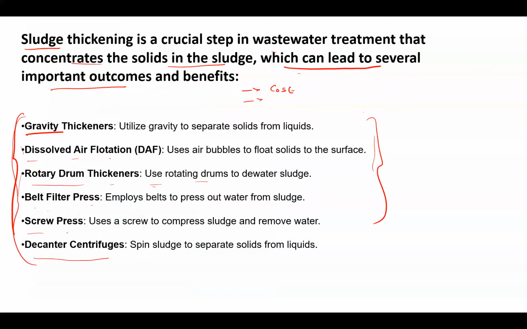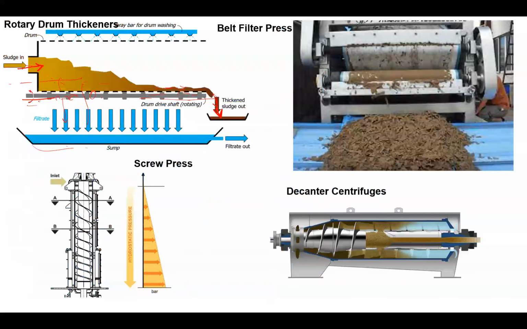Then the belt filter press. Here you can see the pressing chambers, so the water will flow, and there is pressure applied on the sludge. Let me tell you a similar system: you know about rubber plantations. There we take the latex and, to make it into sheets, we use a machine to squeeze out the water.